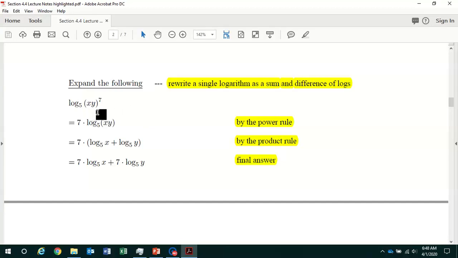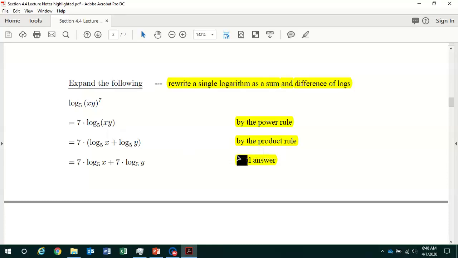So this entire quantity in parentheses is being raised to the 7th power. And so we know by the power rule that that exponent 7 can be brought down in front of the log. Applying the power rule, we have 7 times log base 5 of xy. Now this inside the parentheses, this xy, that's a product, x times y.